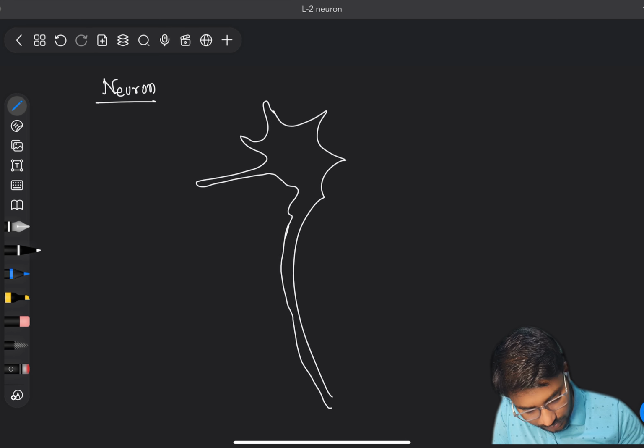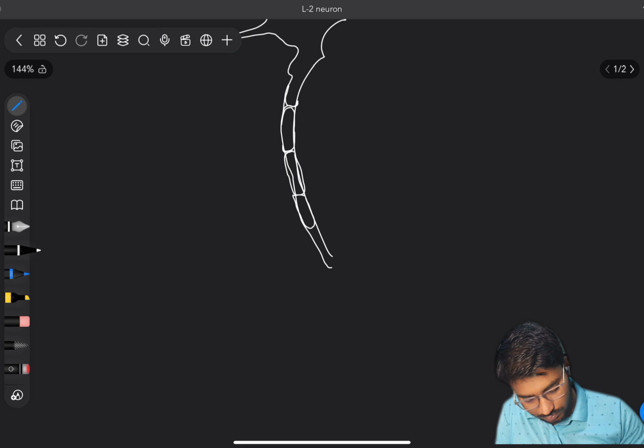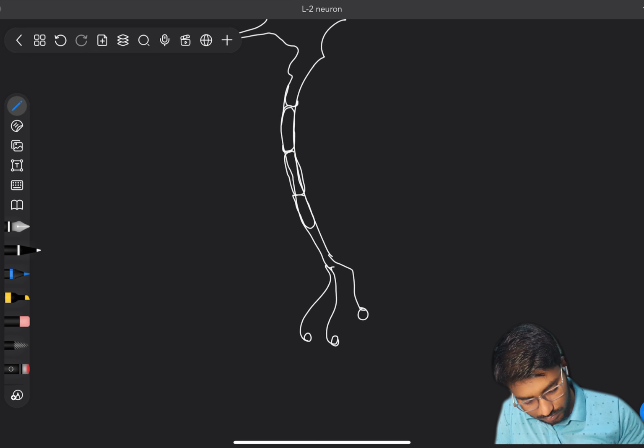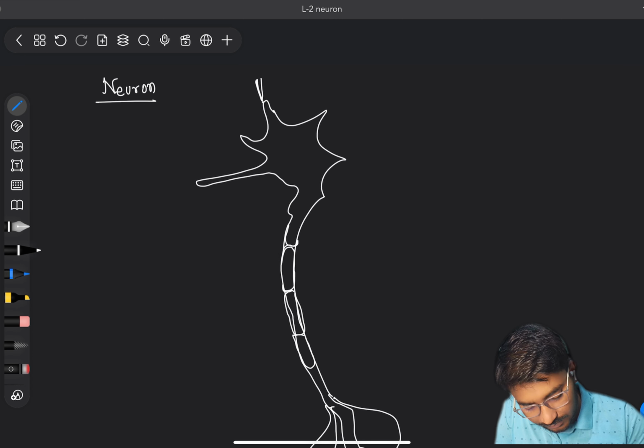Okay. So now, a basic structure of the neuron looks like this.